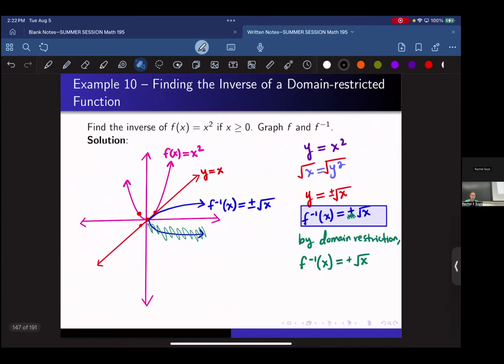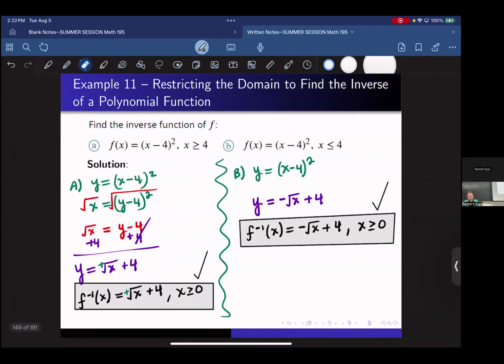But that's just comparing the positive square root of x versus the negative square root of x. Again, no negatives should be underneath that square root, which is why we have x greater than or equal to 0 in both cases.